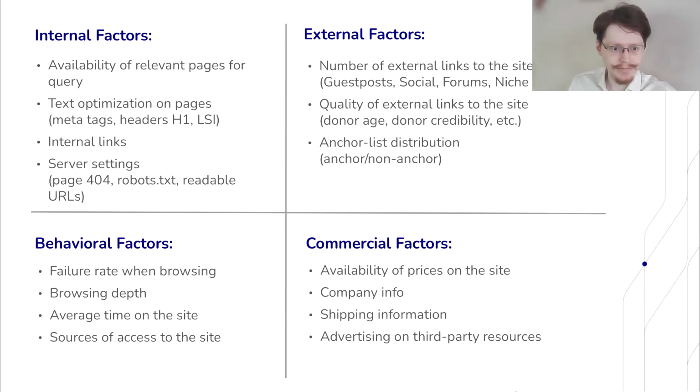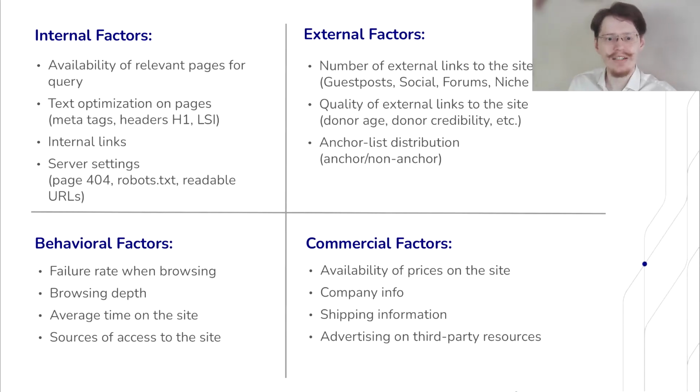Firstly, let's start with internal factors. As I said, availability of relevant pages, text optimization, internal links, several settings, like have you set up your page 404, robot.txt, are your URLs readable, and so on and so on.